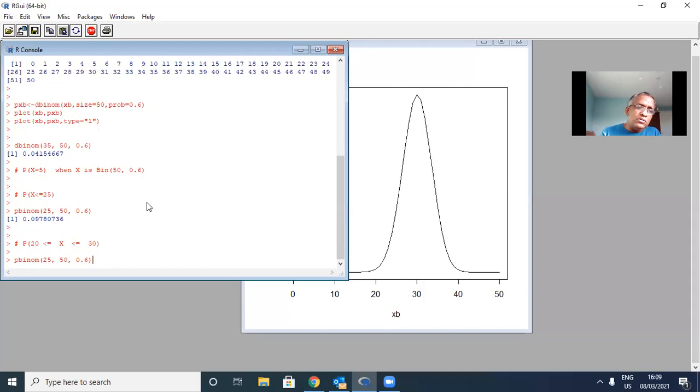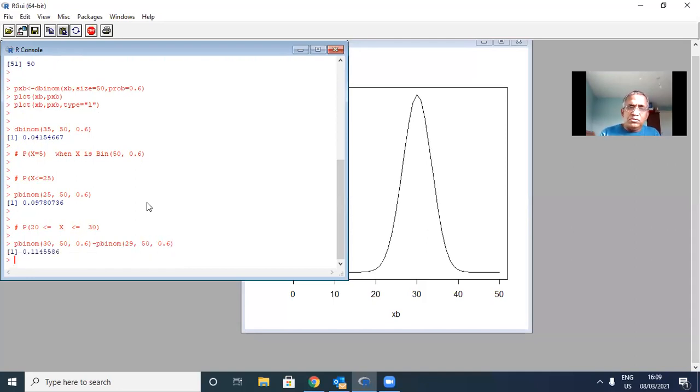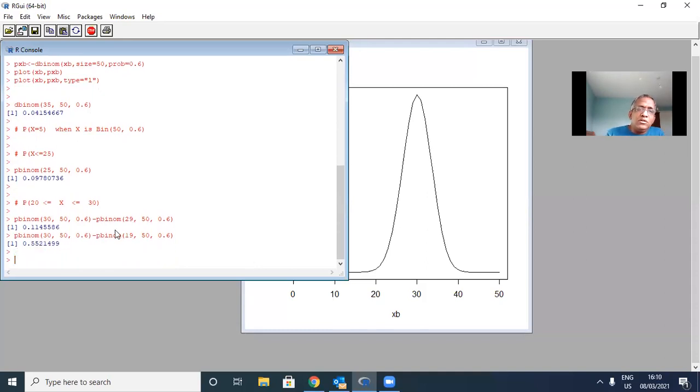In order to compute this, first you need to compute the probability that x is less than or equal to 30, and take away from that the probability that x is less than or equal to 19. Do you see why it is 19 and not 20?